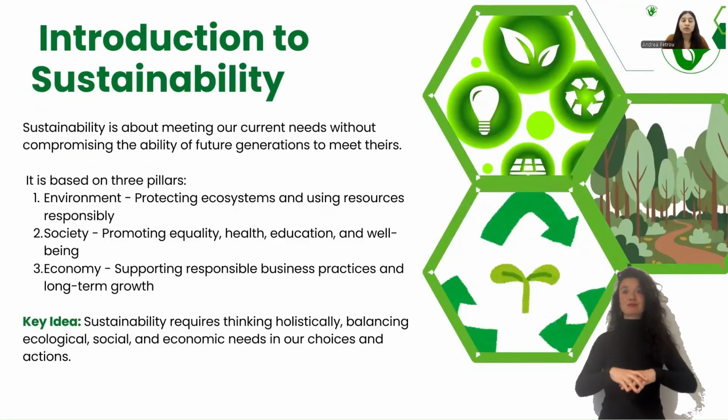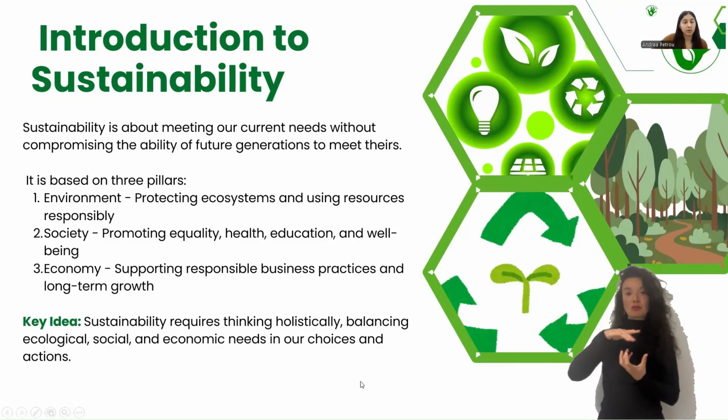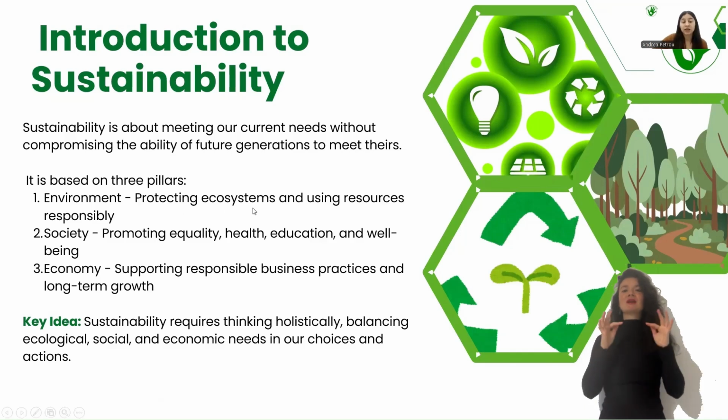Here we move on to see what sustainability is, and we'll have a short introduction to sustainability. Sustainability is about meeting our current needs without compromising the ability of future generations to meet theirs. It is based on three pillars: the economy, environment, and society. About the environment, the number one here, we have protecting ecosystems and using resources responsibly.